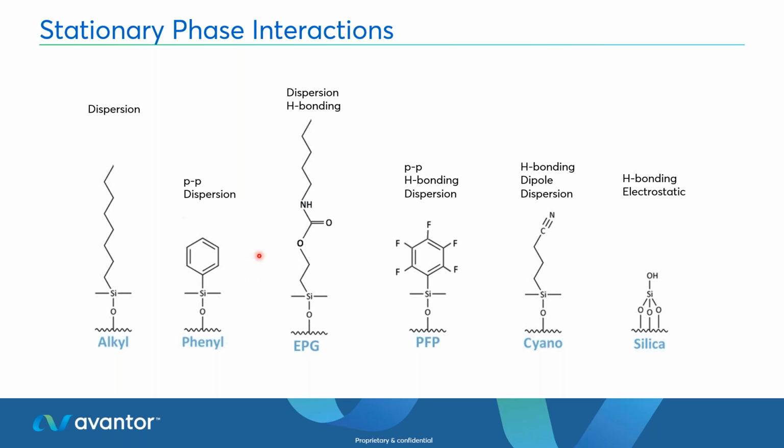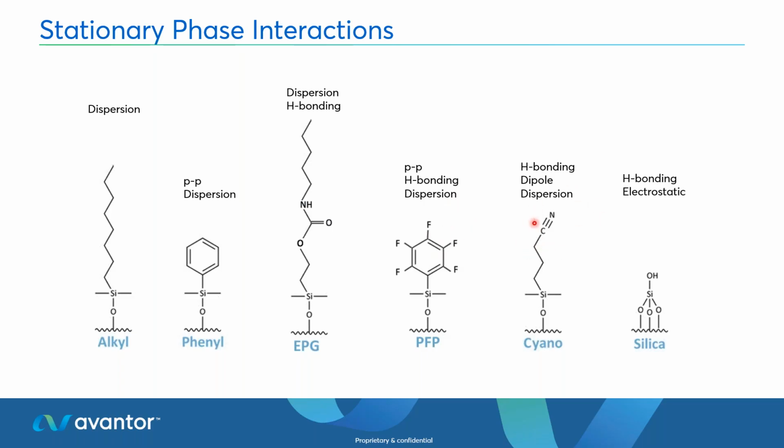But when you start introducing more alternative stationary phases, you get different interactions, so pi-pi interactions. If you've got a polar embedded group, this can have some hydrogen bonding. The phenyl phase is very interesting because you've got both pi-pi interactions, you can have some hydrogen bonding, and potentially you can have some hydrophobicity in there too.